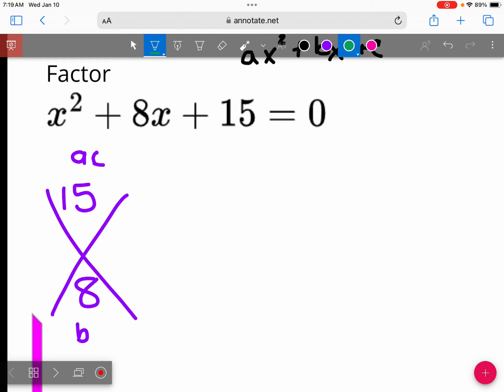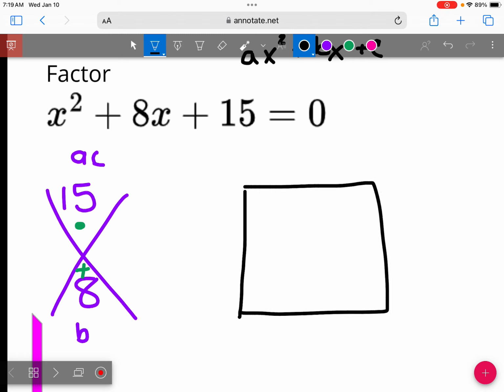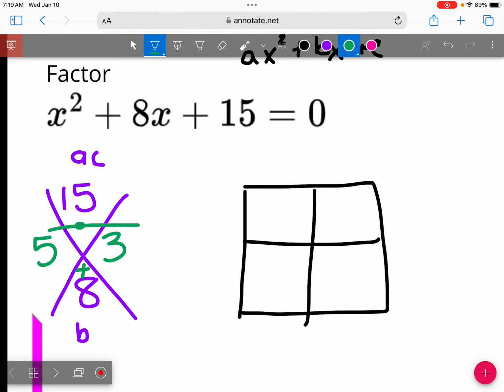The reason we use this little frame is we're looking for a pair of numbers that multiplies to make 15 and adds to make 8. Does anyone see what pair of numbers does that? 5 and 3. What these do is uncombine the like terms for this variable.